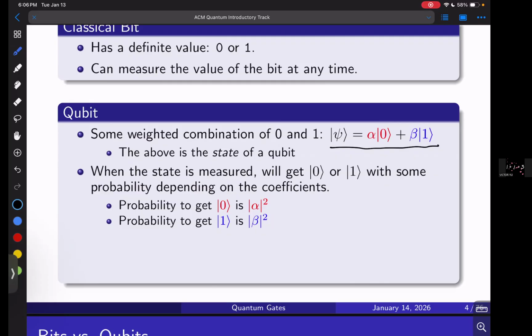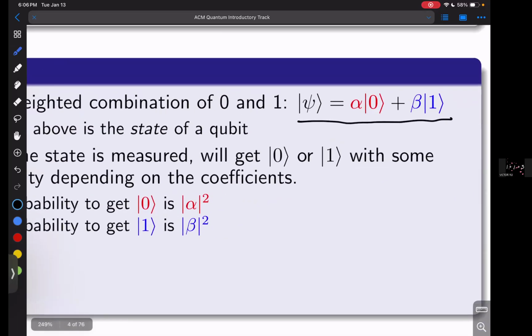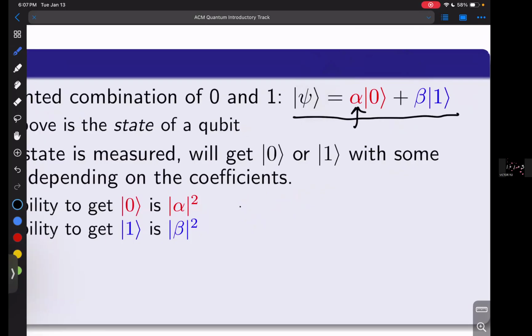The probabilities are related to these coefficients. The coefficient for 0 is alpha, and the probability that you get a 0 is the absolute value of alpha squared. In reality, these numbers can be complex numbers, so it's a little more than that, but we'll discuss that more in the workshop.